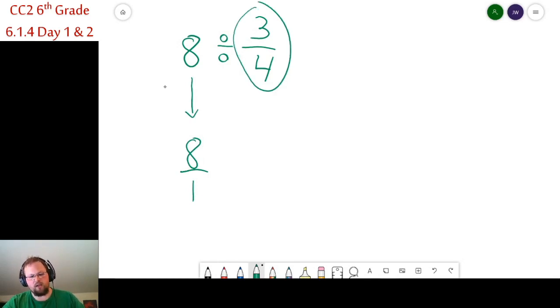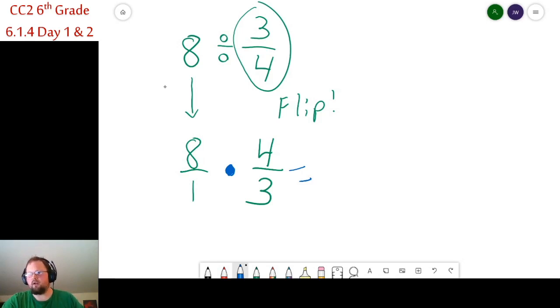This fraction flips, becoming 4/3. And this division sign becomes multiplication. And now you just flip this second fraction and then multiply the new values.